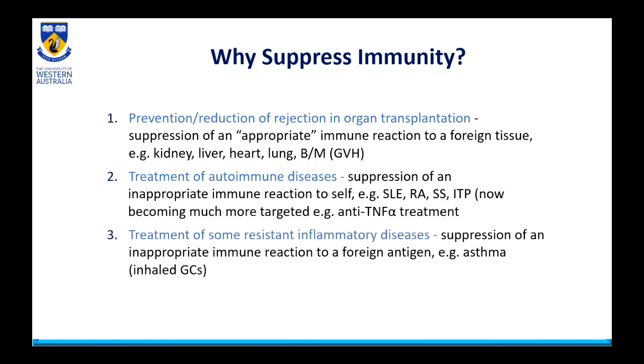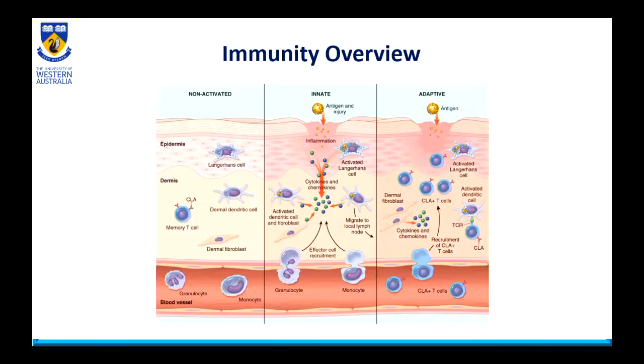And there's treatment of some resistant inflammatory diseases. So sometimes you want to suppress inappropriate immune reactions to foreign antigens, like we have, for example, in asthma, where you may be using inhaled corticosteroids to suppress that immune response. So there are a number of reasons why we want to suppress the immune system.